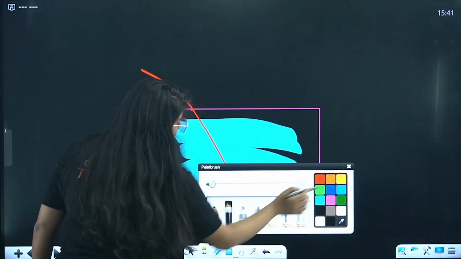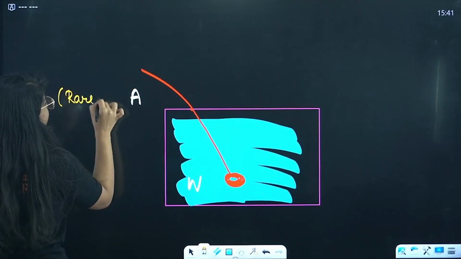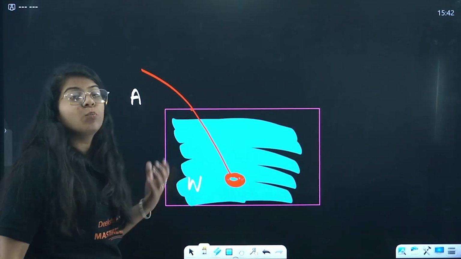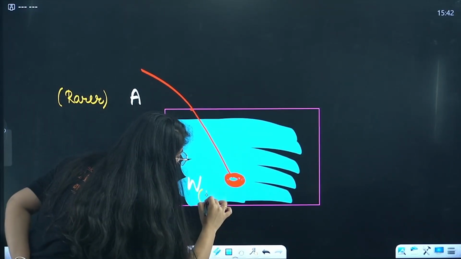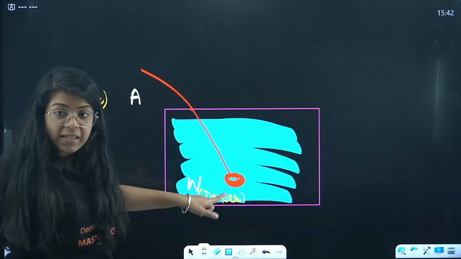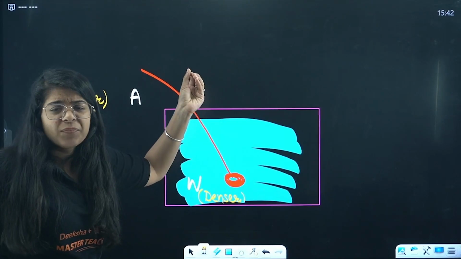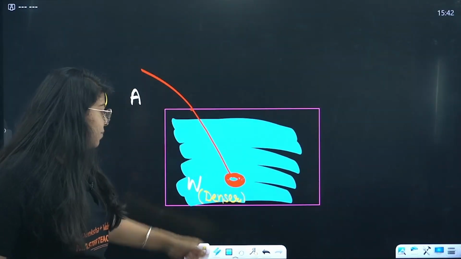Now anything which has less density is called a rarer medium, and anything which has more density will be called a denser medium. Rarer medium, denser medium.